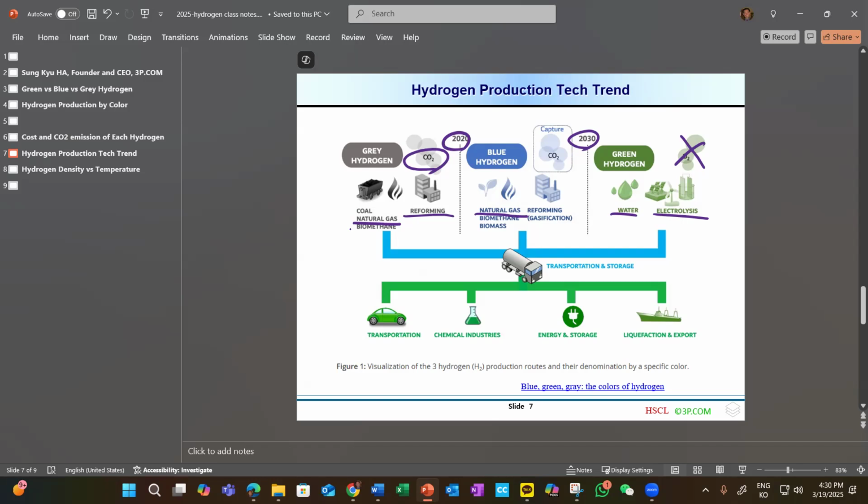New President Trump, well, he doesn't like green energy, green hydrogen, but I'm sure that he's wrong. So we have to keep developing green hydrogen methodologies for a cleaner environment and the most effective energy carrier.